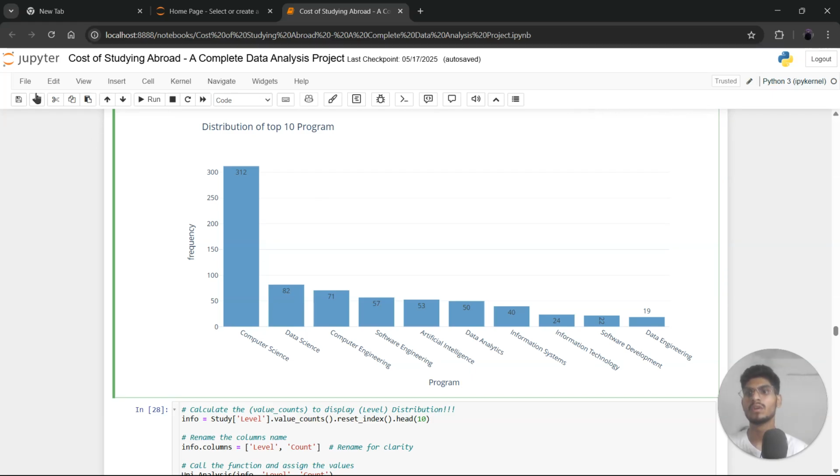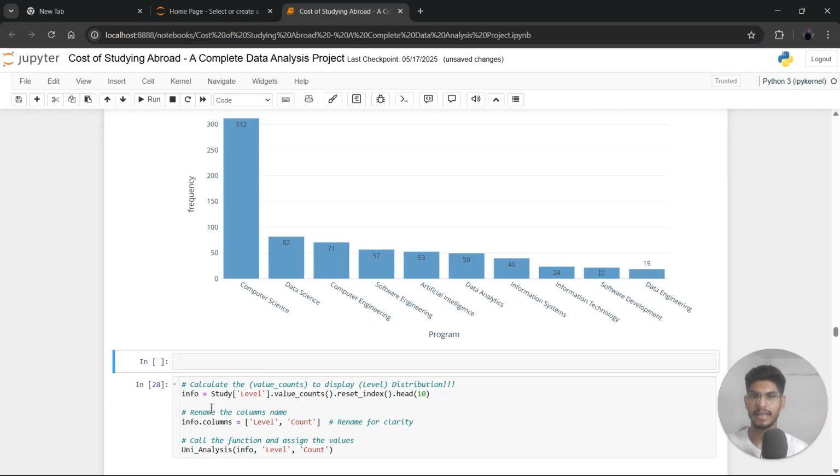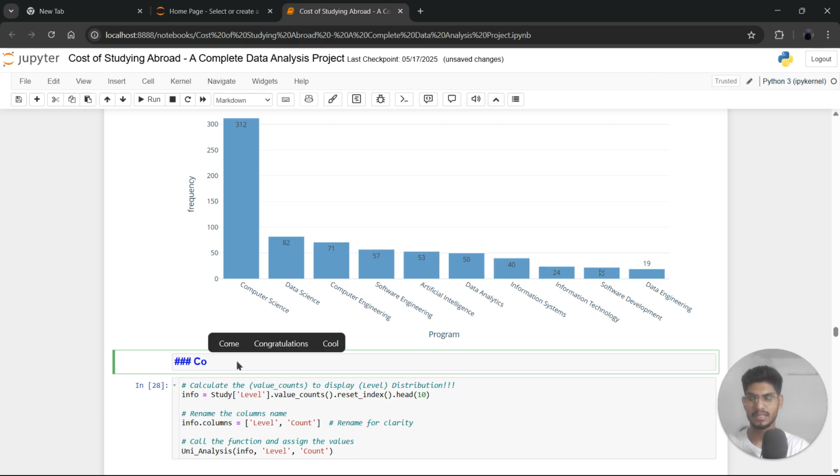So what will we do, we will add a cell right here, convert it to markdown, and write down: computer science program is in demand.